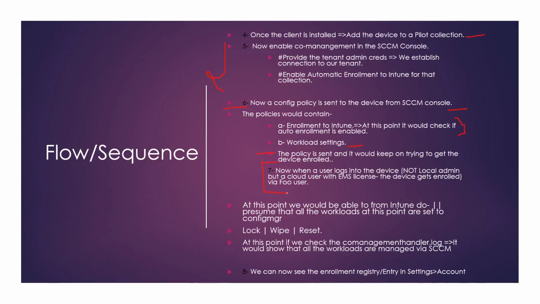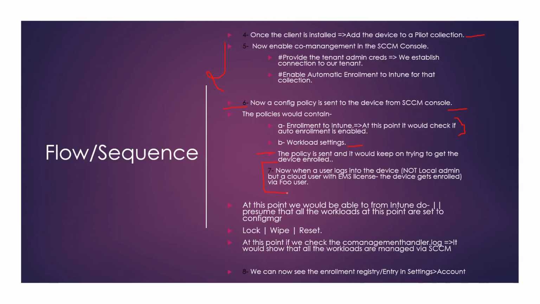There is one more way of getting the device enrolled, and for that I have another machine ready. We will take a look at that later on, which talks about userless enrollment. That is for if I don't log into the device with a user who has an EMS license, what happens in that case.